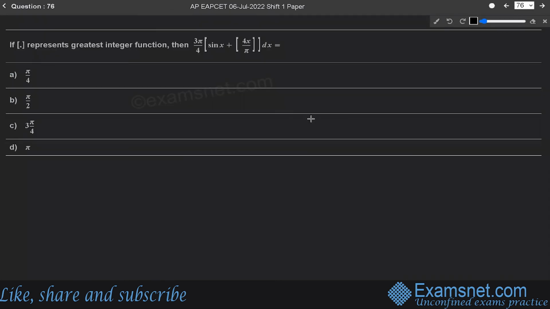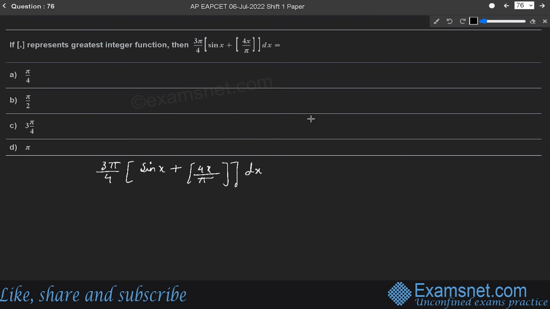Next question is: if [.] represents the greatest integer function, then the integral of [3π/4 into (sin x + 4x/π)] dx is equal to. Here the limits will be 0 to π.